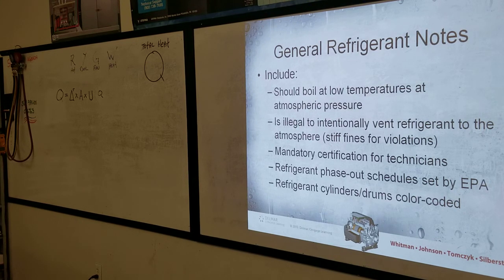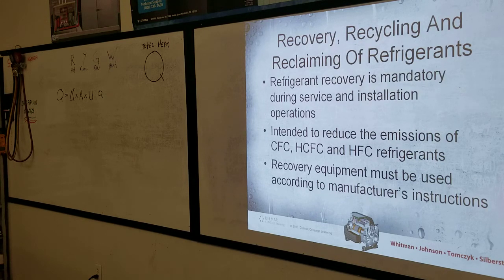Refrigerant cylinders and drums are color-coded. Recovery, recycling, and cleaning of refrigerants: refrigerant recovery is mandatory during service and installation operations, intended to reduce the emissions of CFC, HCFC, and HFC refrigerants. Recovery equipment must be used according to manufacturer instructions. Well, duh.